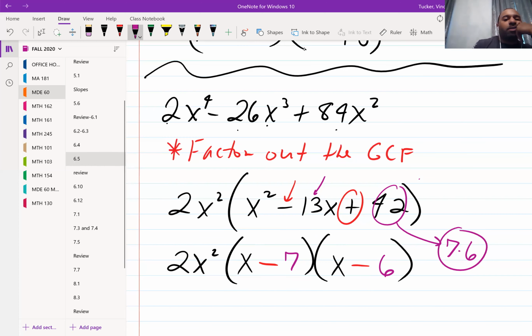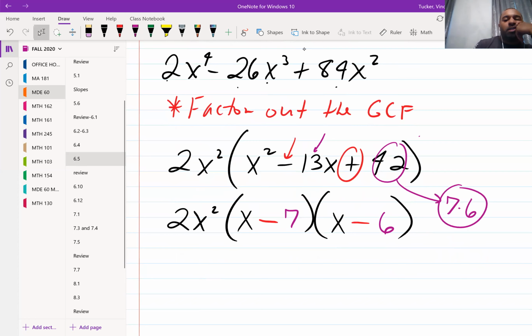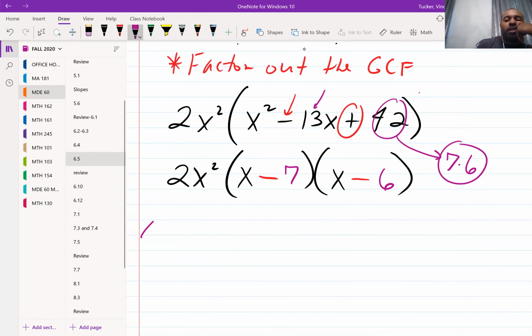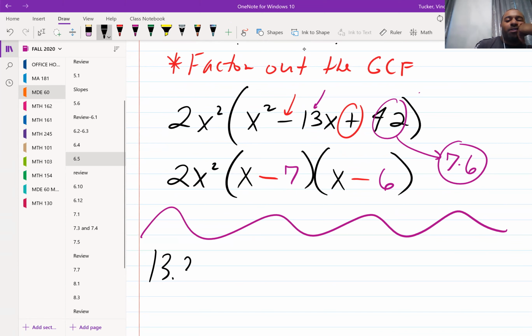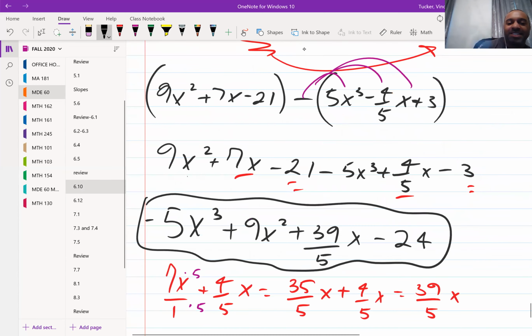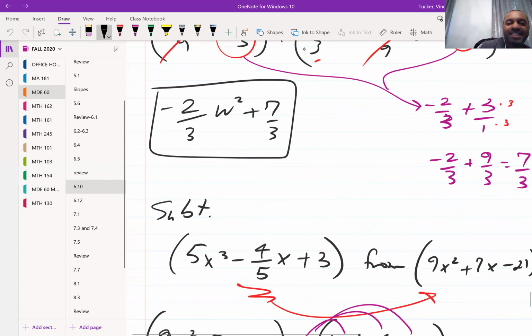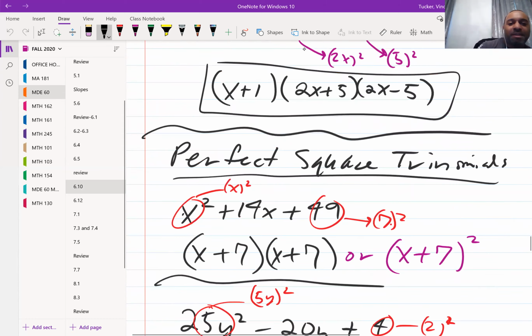All right, so somebody said they want to put a number in front of that x. So let's look at 13.3. Hold on, let me see. I should have this somewhere. Where are all my factoring notes?